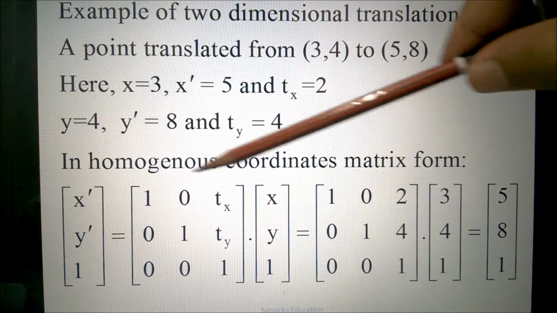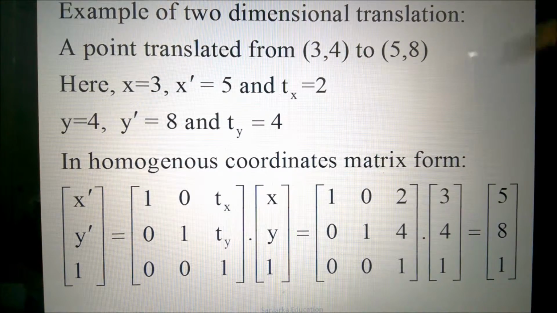Now I express this in the homogeneous coordinate form. You can see tx and ty have been replaced by 2 and 4, and this is my original point's coordinate. This is the x coordinate, this is the y coordinate, and this is the 1.